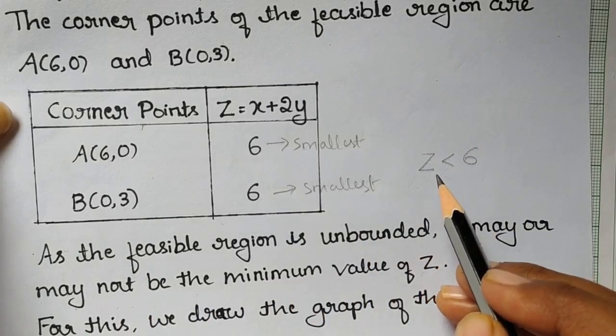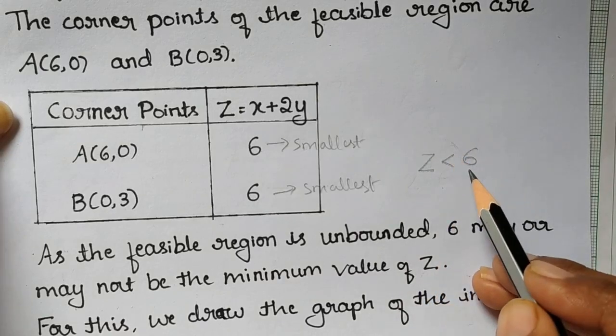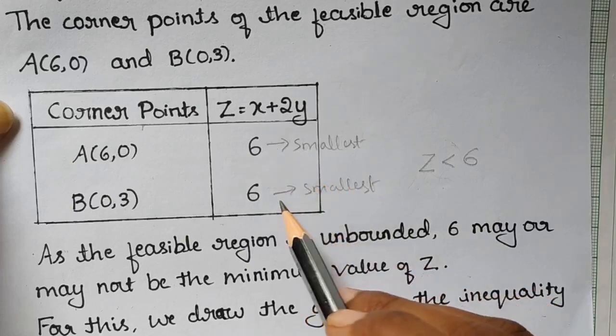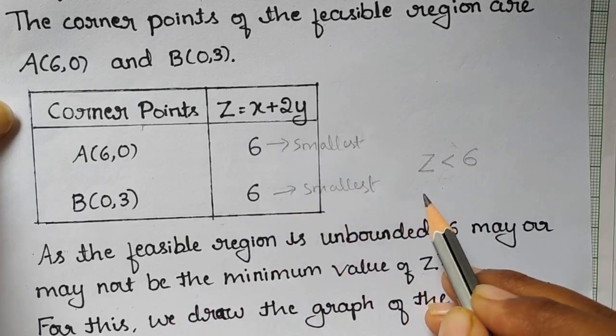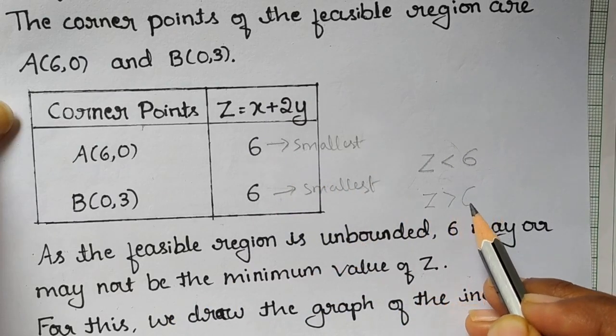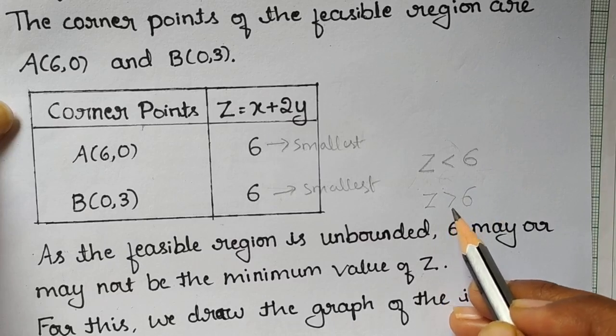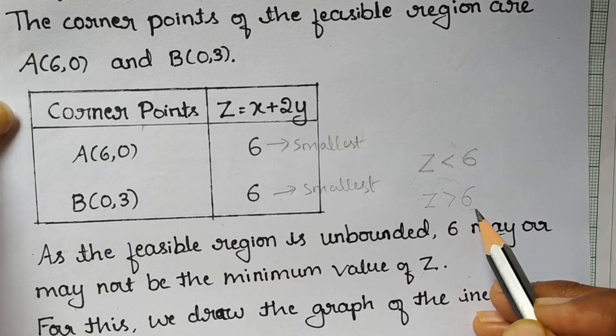The question is to find the minimum, so we write the less than sign, and in the RHS we write the smallest value of z. If the question is to find the maximum value, then we write the inequality z greater than 6. To find the maximum, we write the greater than sign, and in the RHS we write the greatest value.